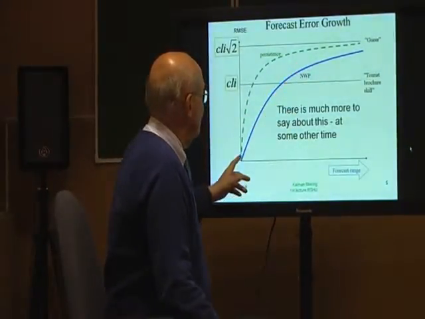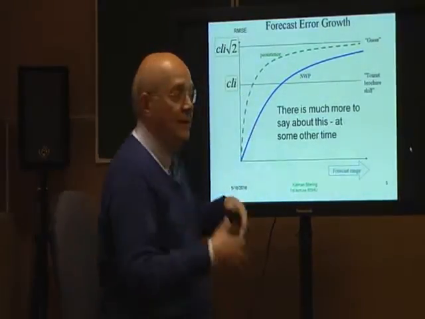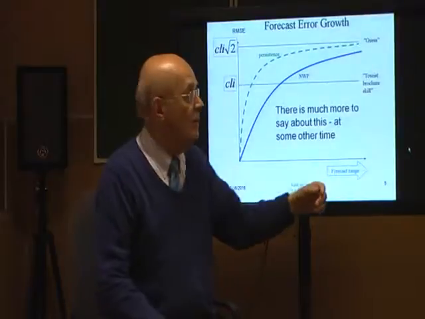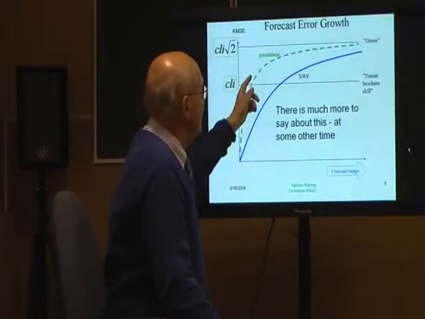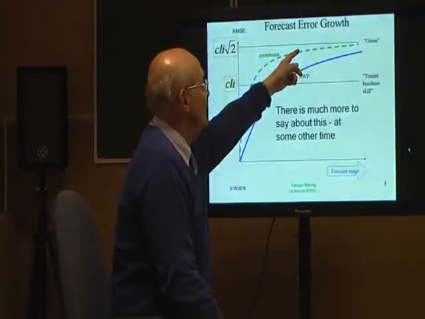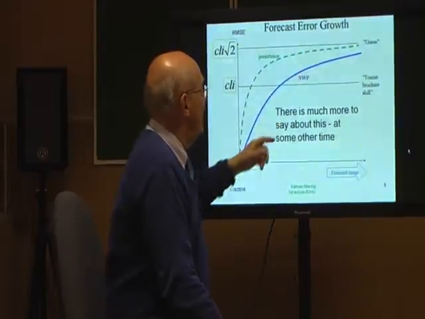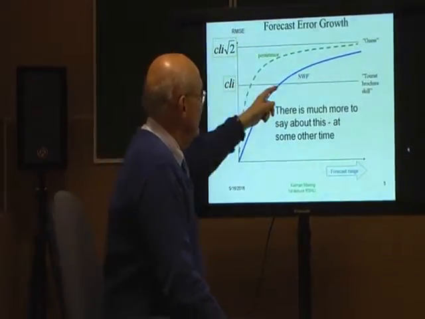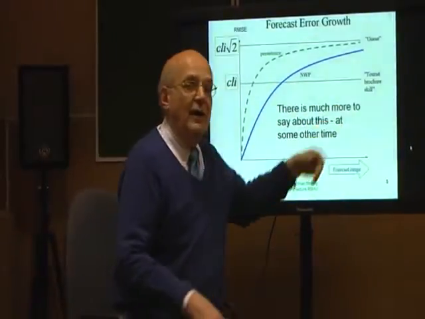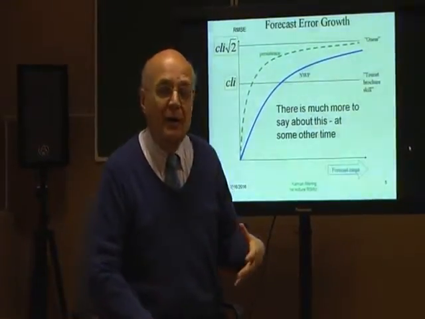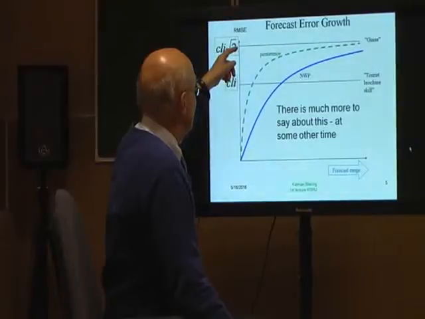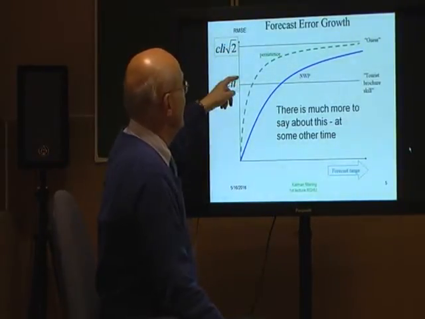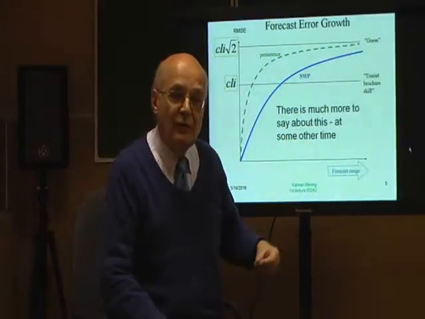And a persistent forecast, meaning the weather now will be what it is in the future, will reach rapidly a very high level of error. I have put here the error of a climatological average, of what you find in a tourist brochure. And this upper level is the square root of two times this climatological forecast error.